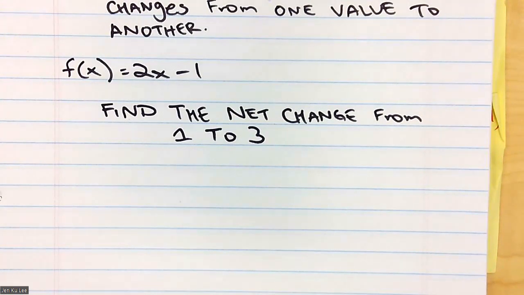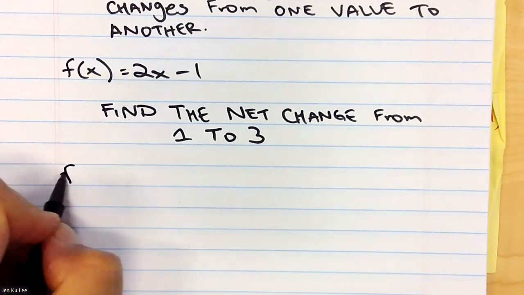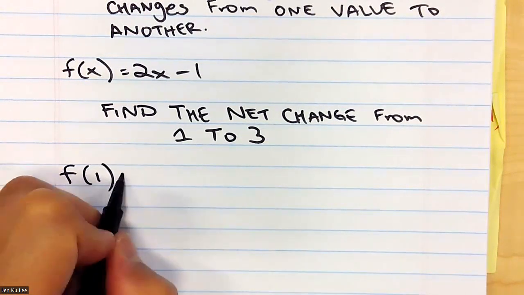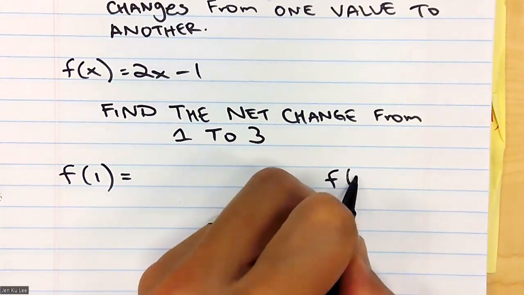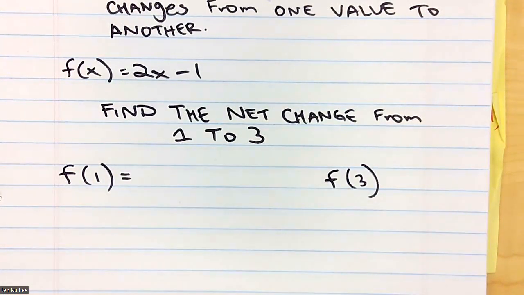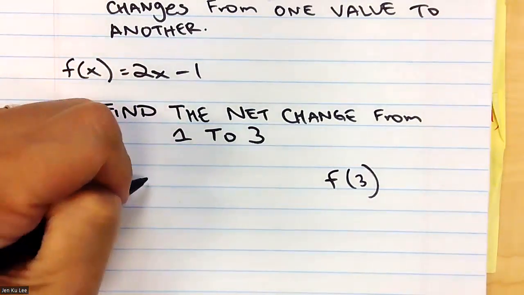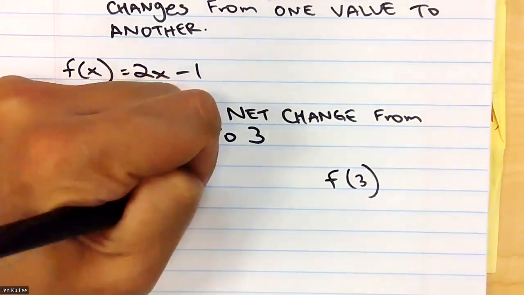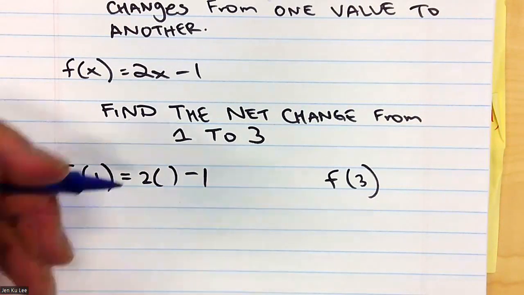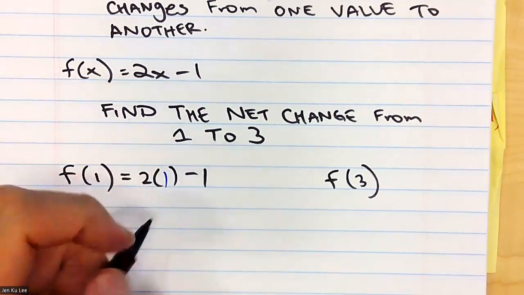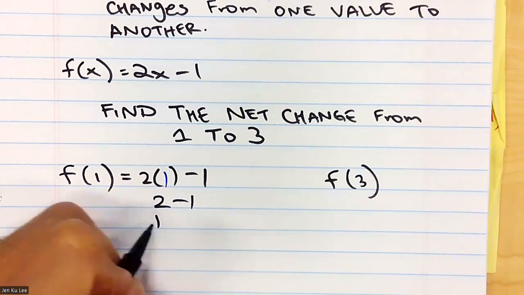If I ask you to do that, all I'm going to do is find f of 1 and find f of 3. Why don't we take 2 minutes to find f of 1 and f of 3? Okay, f of 1 would be 2 times 1 minus 1, which is 2 minus 1, which is 1.